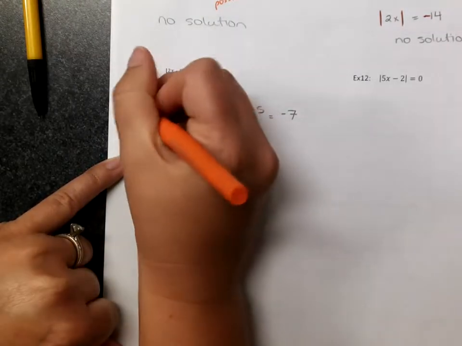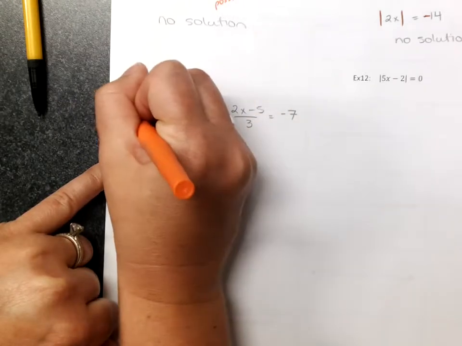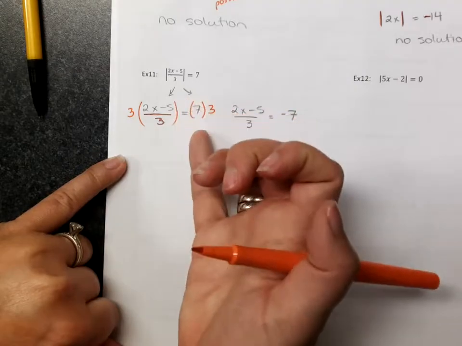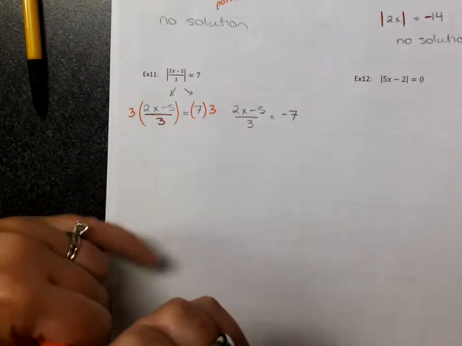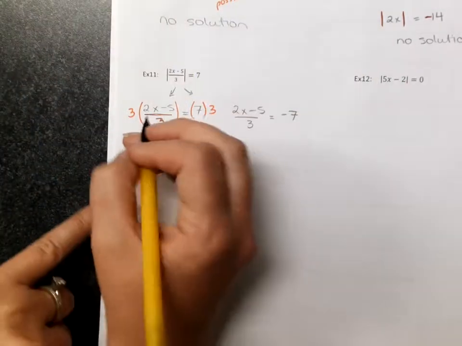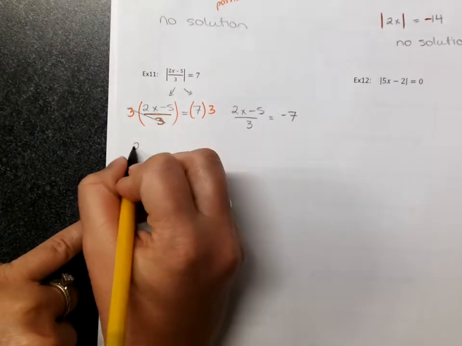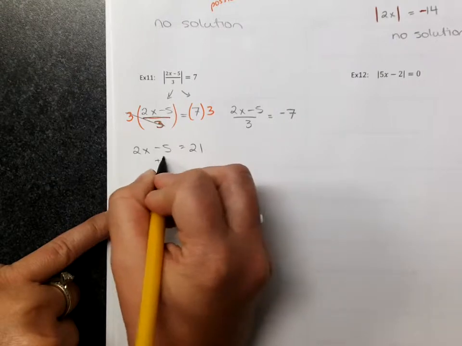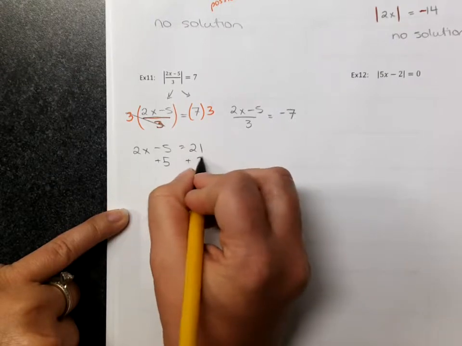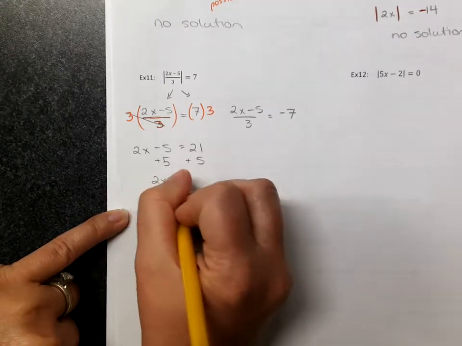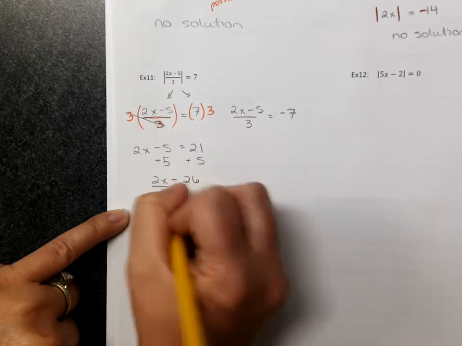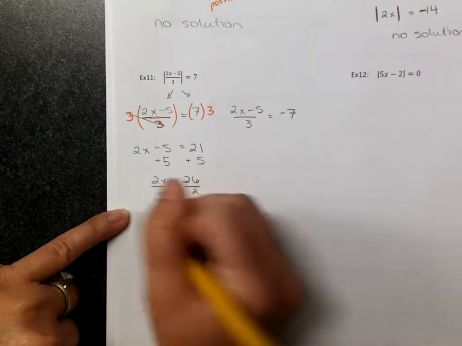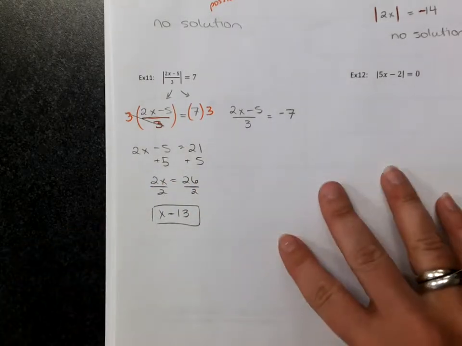The opposite of division is multiplication. So to get rid of that, I multiply both sides by 3. Other students will put the 7 over 1 and cross multiply. It does the same thing. These 3's will cancel. And I get 2x minus 5 equals 21. I'll add 5 to both sides. 2x equals 26. Divide by 2 and x equals 13. Again, if you use a different technique, you should still get 13.